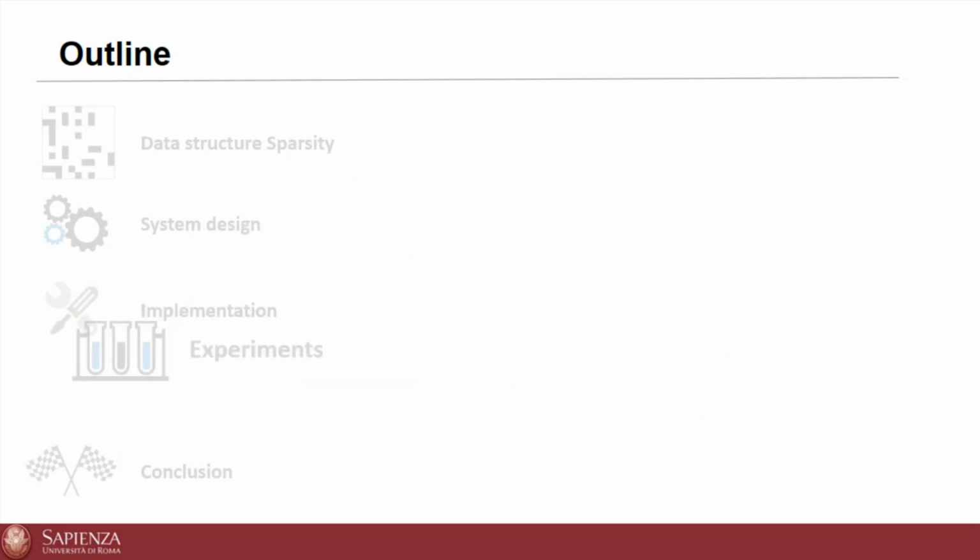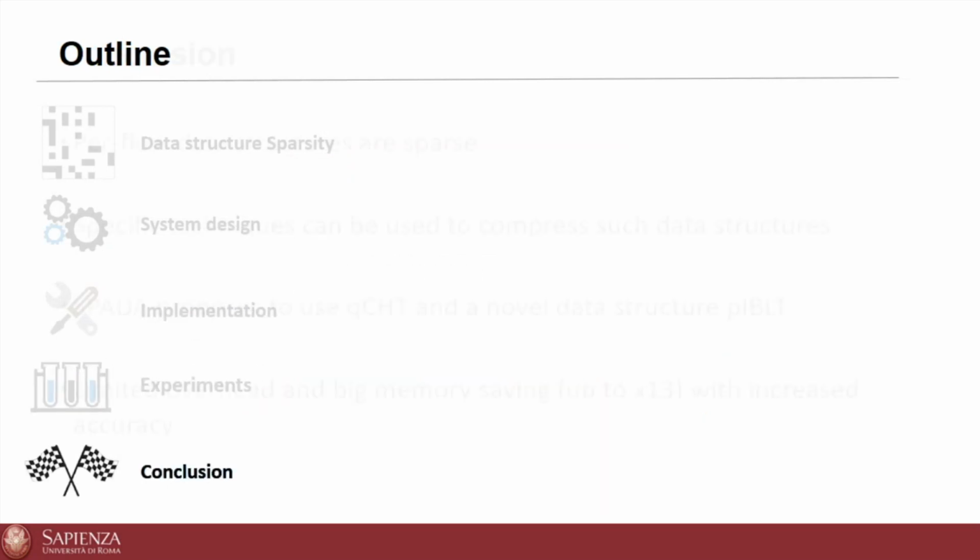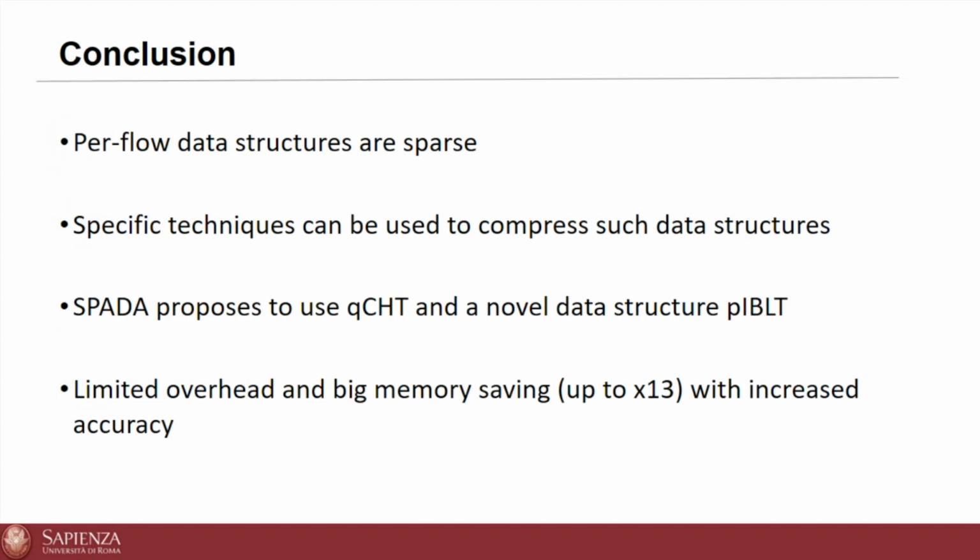Okay, so let's go to the conclusion. With our work, we show that per flow measurement data structures are sparse. There are specific techniques that can be applied to exploit this sparsity.